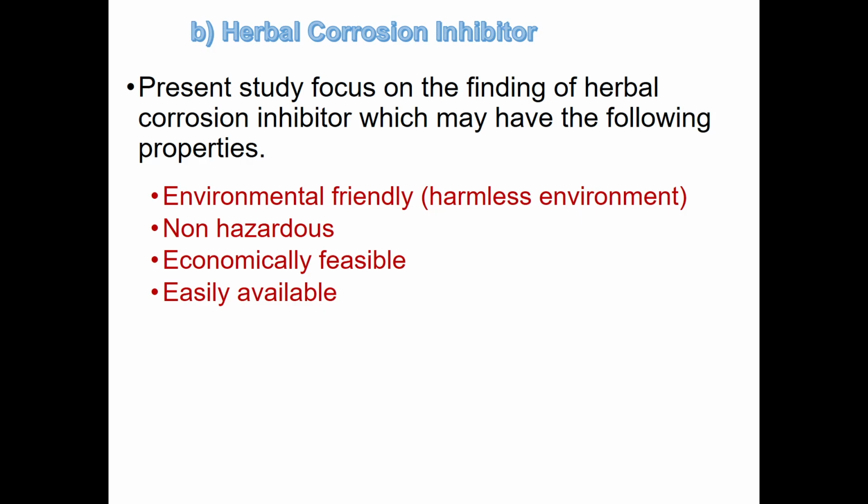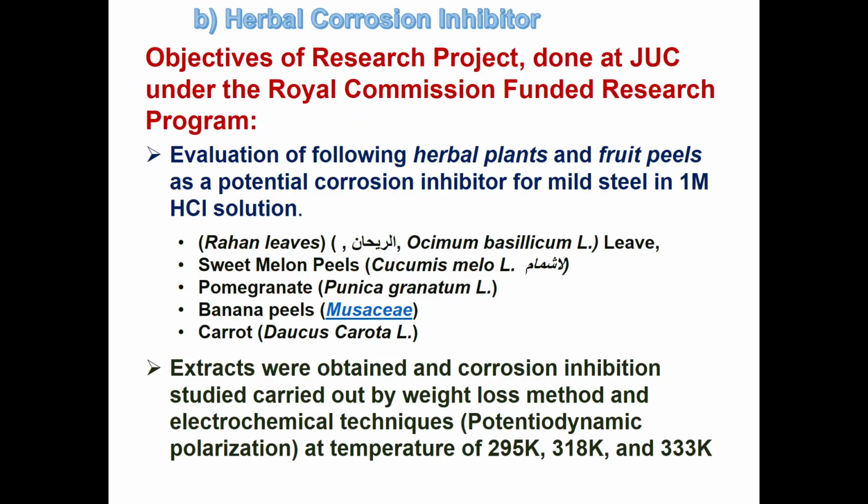They are competitive with synthetic corrosion inhibitors and are readily available, and they have a twofold benefit: they can protect the environment from accumulation of waste, since we can utilize the waste material. This study was done at Jubail University College under the Royal Commission funded research program. We worked on this project.